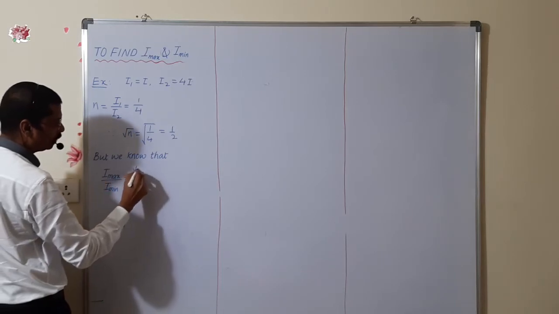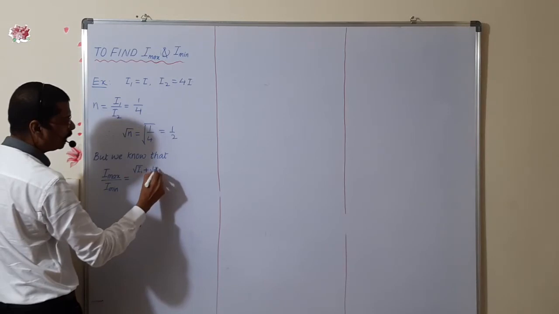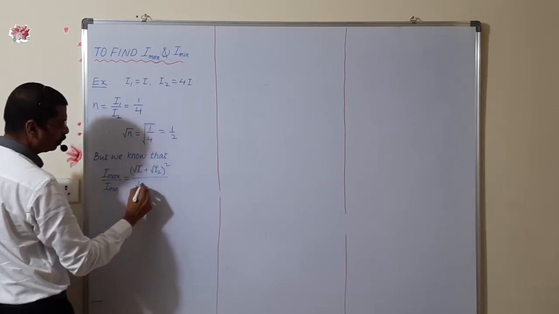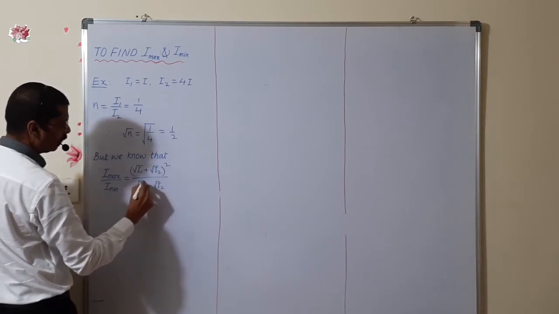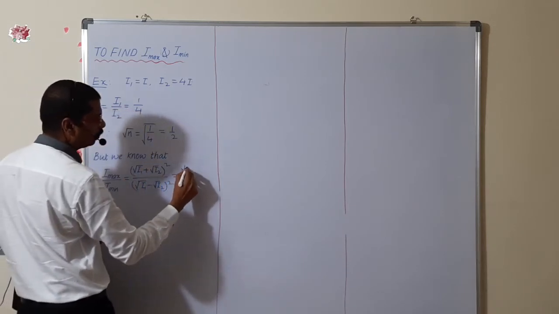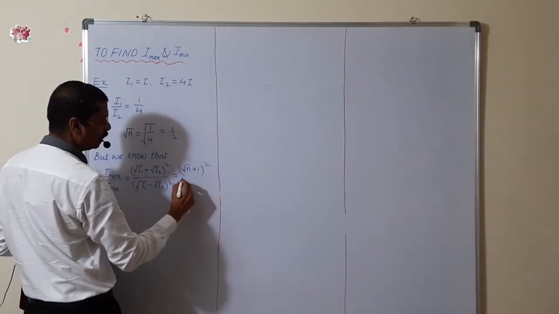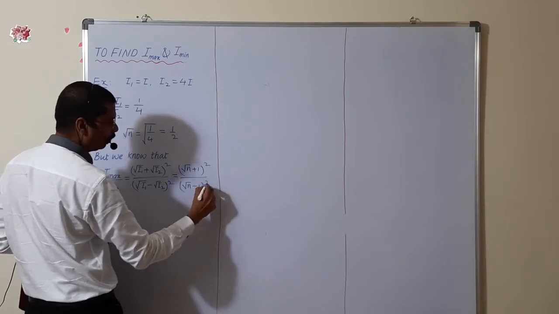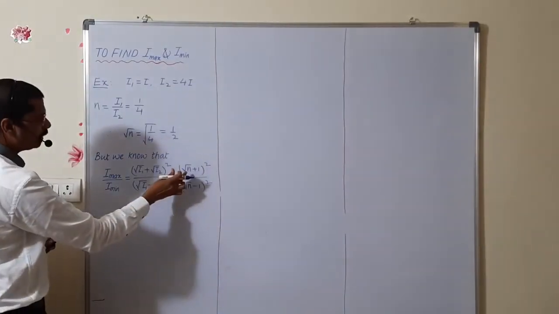The general formula is root I1 plus root I2 whole square upon root I1 minus root I2 whole square. This value I wrote as root n plus 1 whole square upon root n minus 1 whole square. This condition we discussed in special cases. Now directly root n.